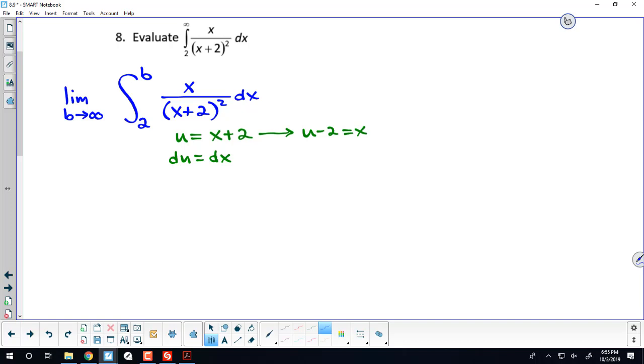I think we'll just work for the antiderivative at this point and then come back with the limit and the bounds. So what we have here is x, which is u minus 2, over u squared, times dx, which is du.